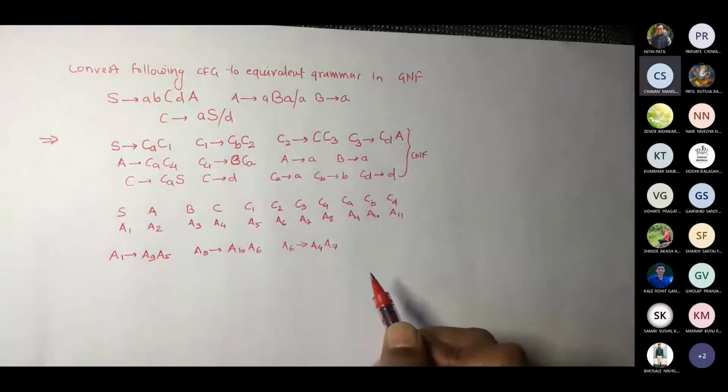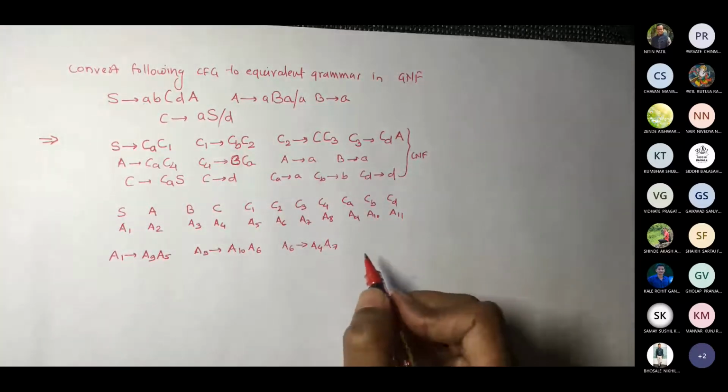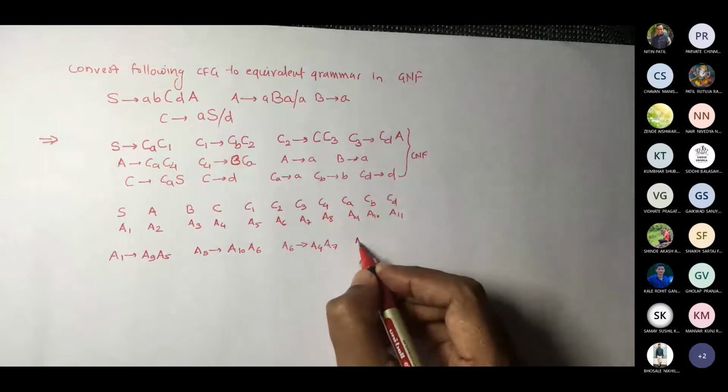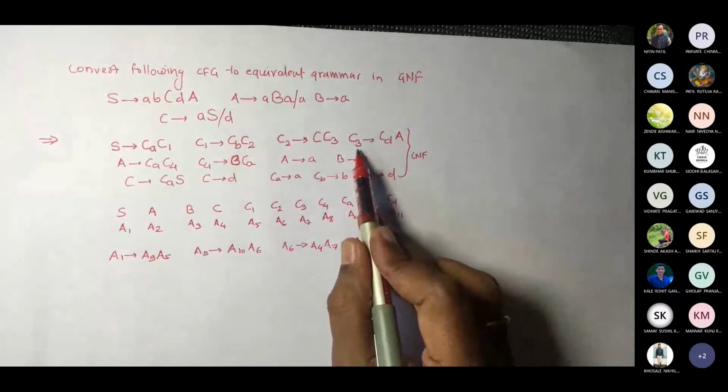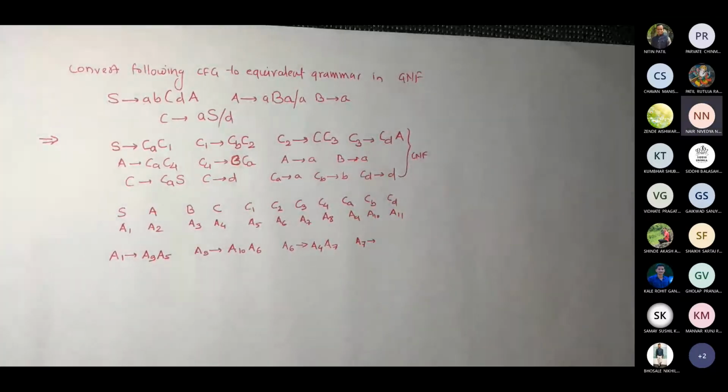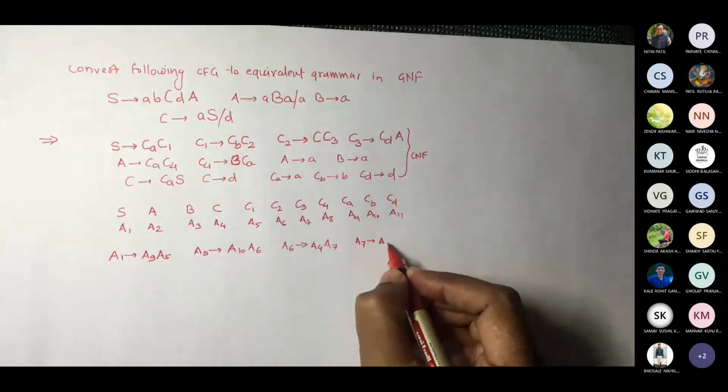Aishwarya, tell me A7, that means C3. A7 gives CD A, so A11, A2.